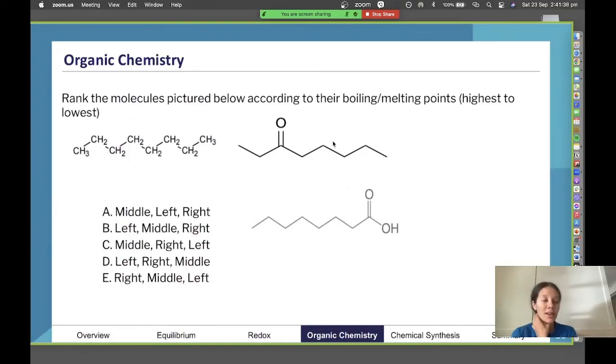So have a little think, spend a minute, just think about the different characteristics of molecules that will alter your boiling or melting point, and then we're going to kind of use that to springboard our answer.